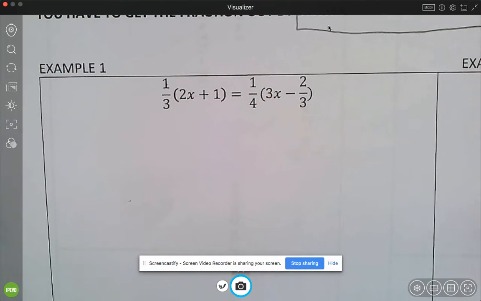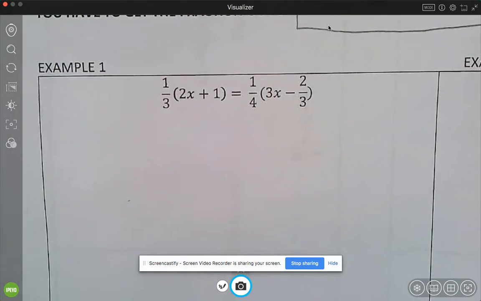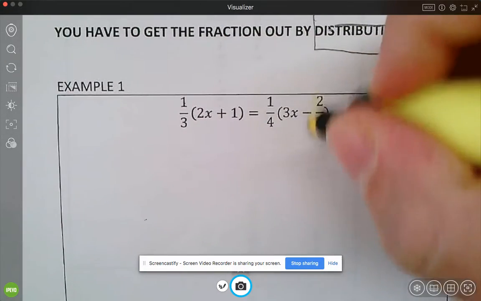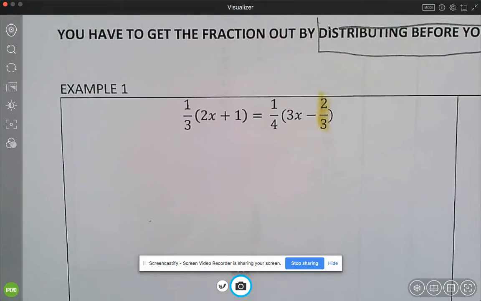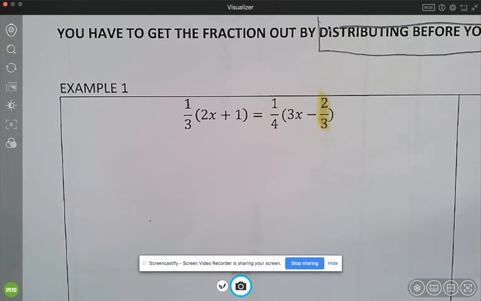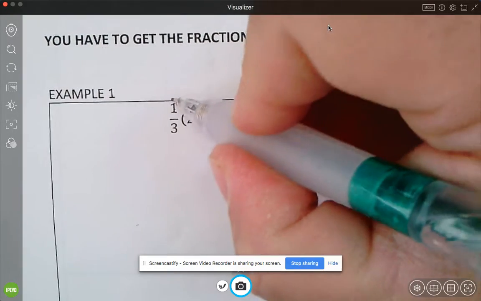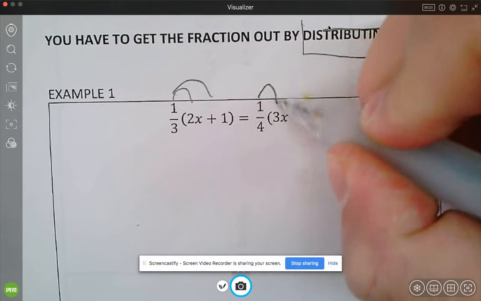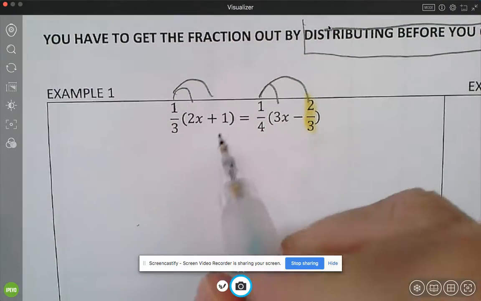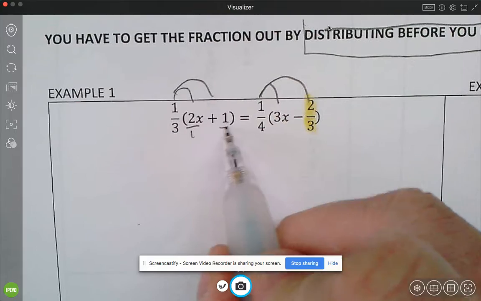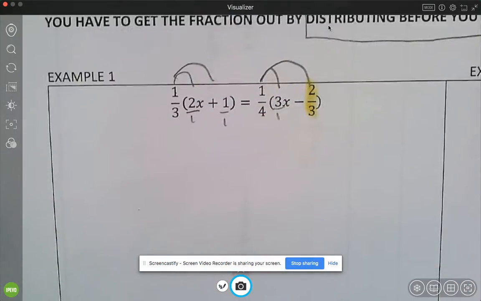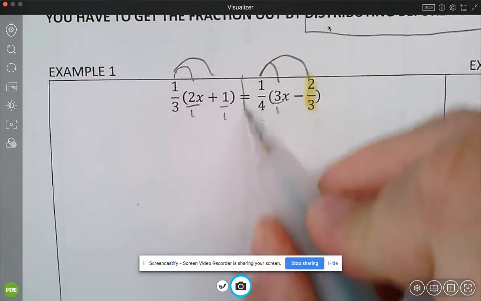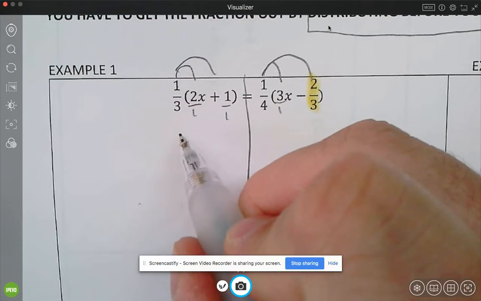So you can definitely see here in the first example, there's a fraction here that we need to get outside of parentheses, and fractions outside both parentheses that we need to distribute. So if it helps, you can put little ones underneath here. Does anybody want to distribute the 1/3 on the left side of the equation to tell me what you get?